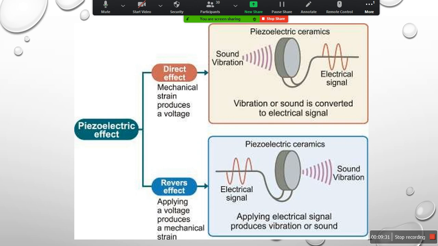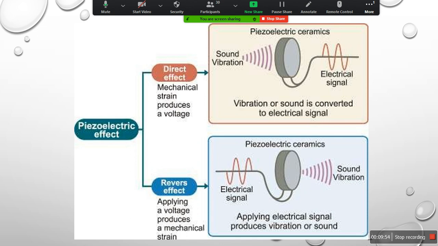Whenever you bring a tuning fork and beat it on the material, it produces vibrations, and continuously doing that produces an electrical signal. Similarly, when an electrical signal is given to this piezoelectric crystal, it converts again into sound vibration.